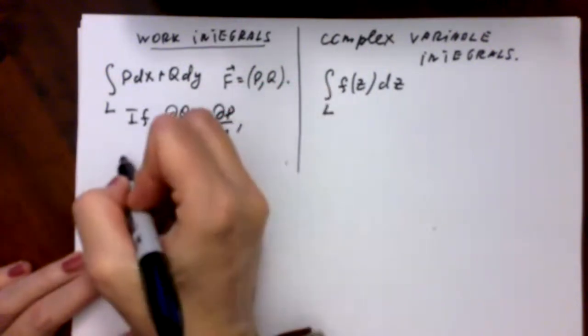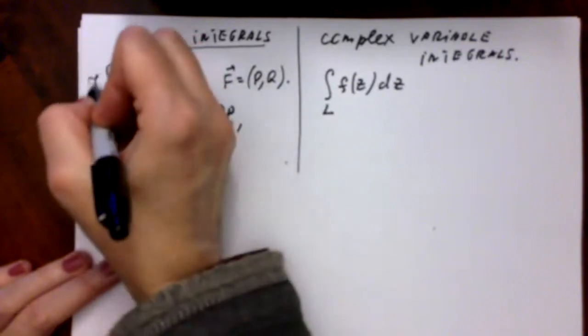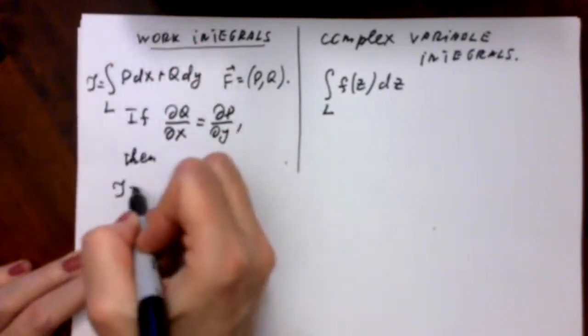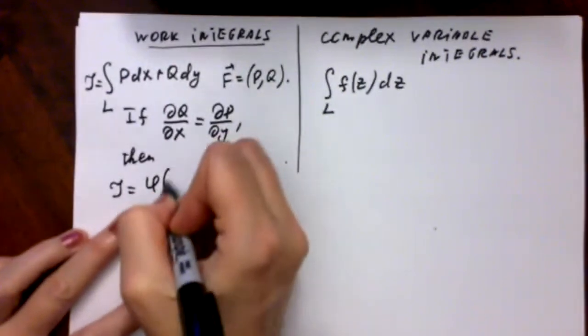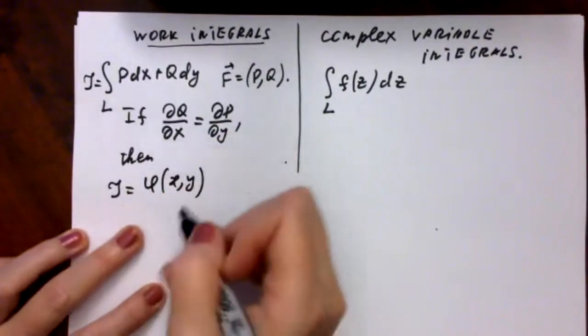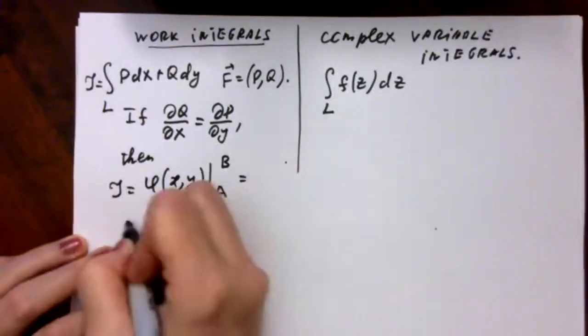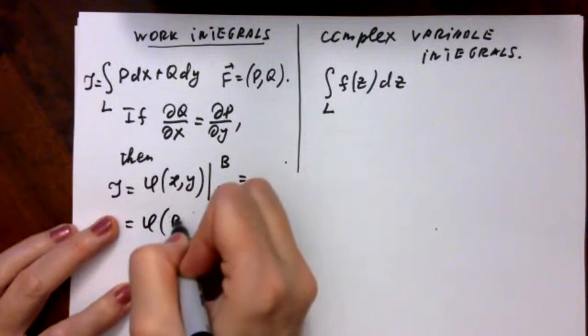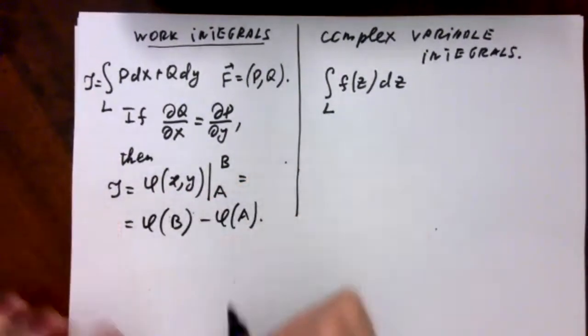Then for your integral, let's call it I, you were supposed to find the so-called potential of this vector field and substitute the start and the end point. It was given as phi at the end point minus phi at the beginning of your path.